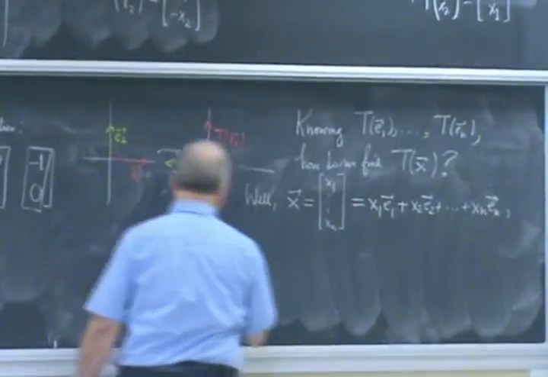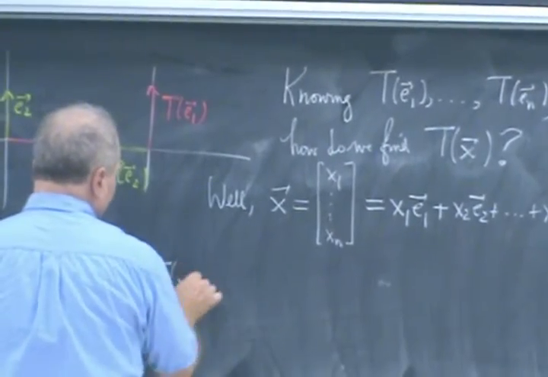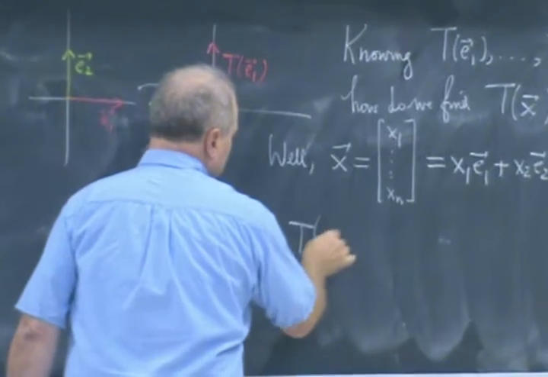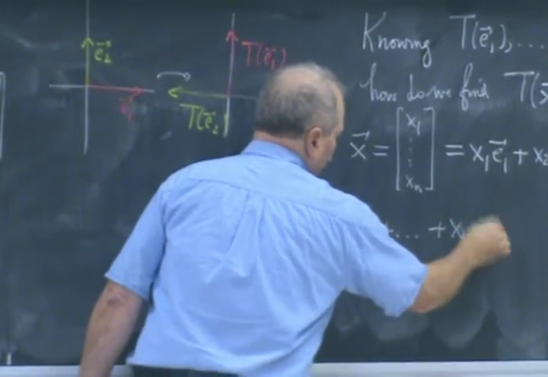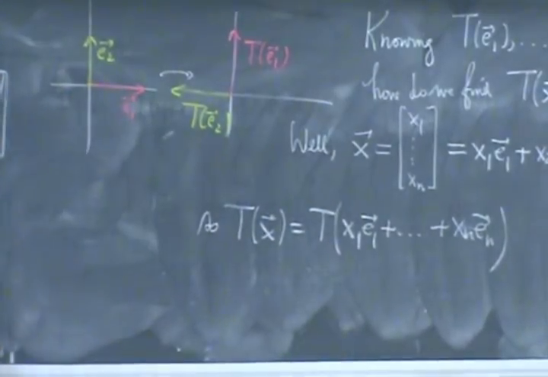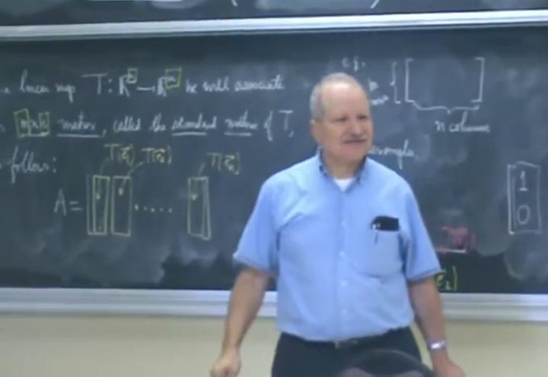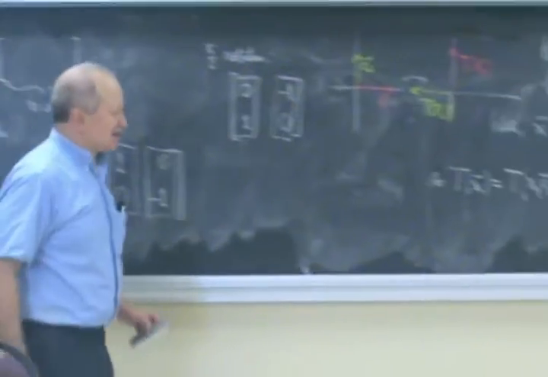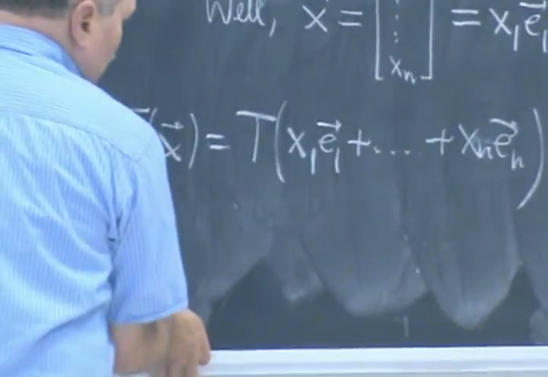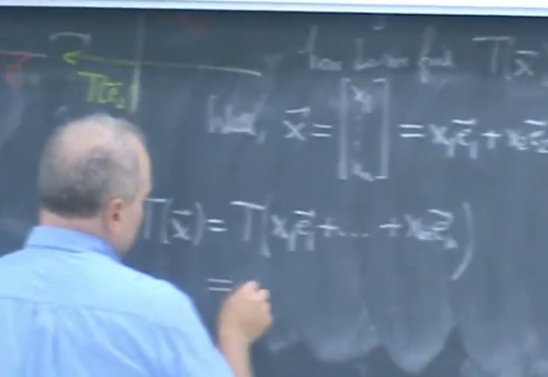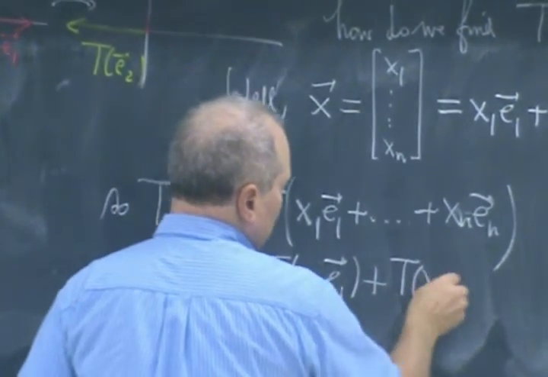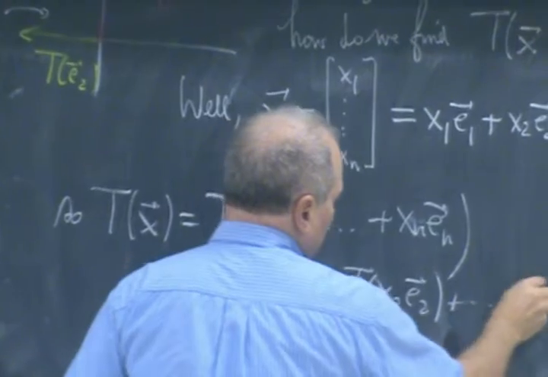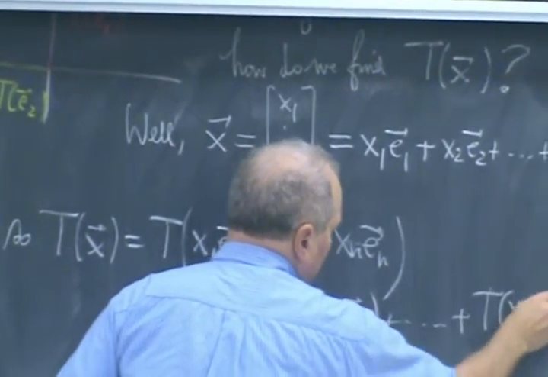What does linearity say? I'm supposed to take T of this sum. Well, what's T of a sum? The sum of the T's. The sum of the things it does to each term. So by linearity, this is T of x1 E1 plus T of x2 E2 plus up to T of xn En.